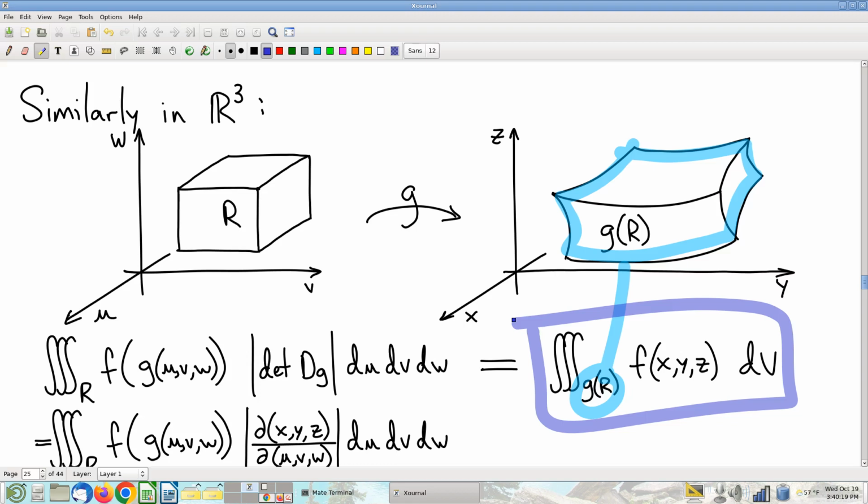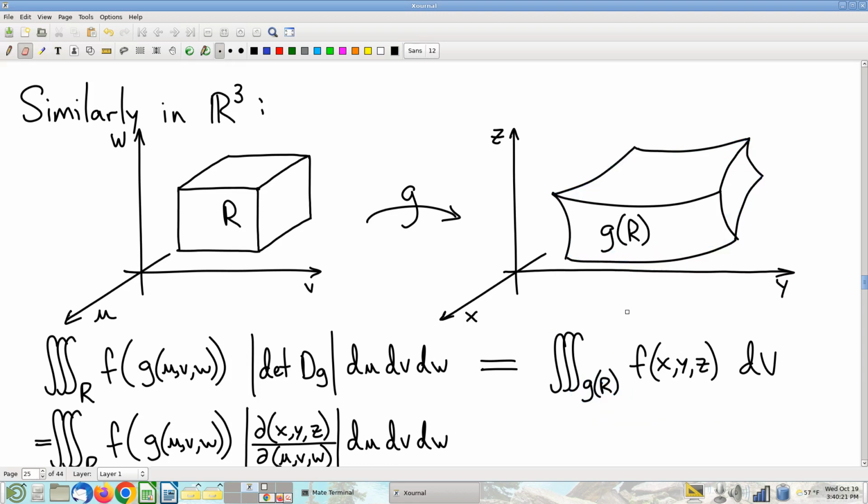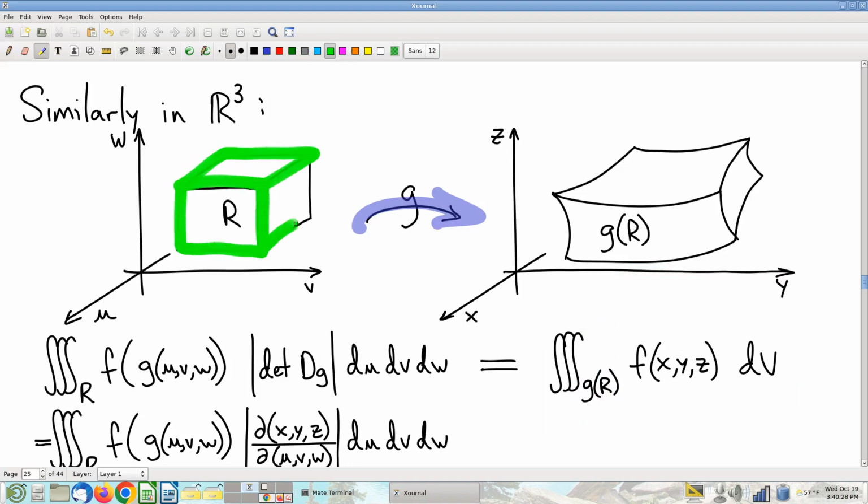But if I can view it as being the image of a simpler domain, such as this nice, convenient little box, then the idea is let's copy all the ideas from 2-dimensional change of variables. Let's plan, fingers crossed, to pull back through the change of variables function. Everything that's over here in my initial integral, that's in terms of x's, y's, and z's, let's plug in and rewrite it all in terms of u's, v's, and w's.